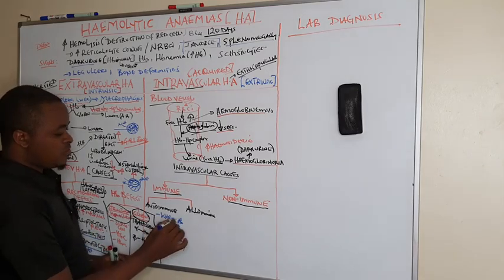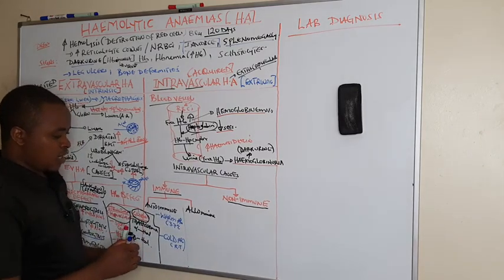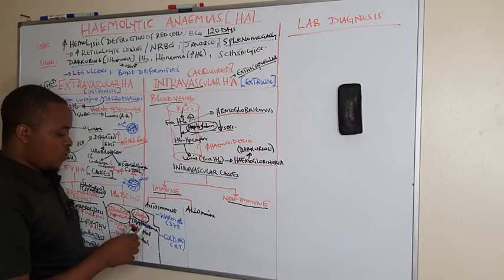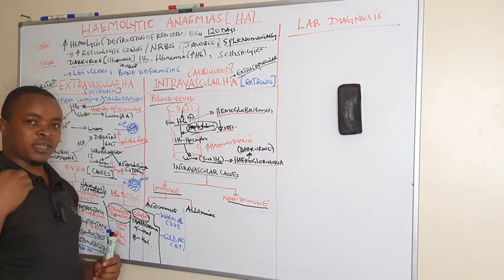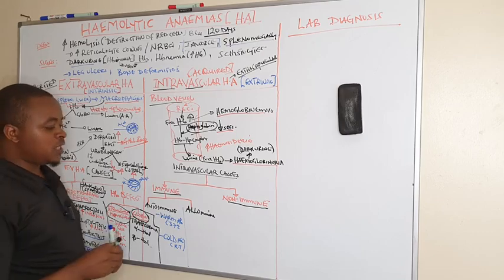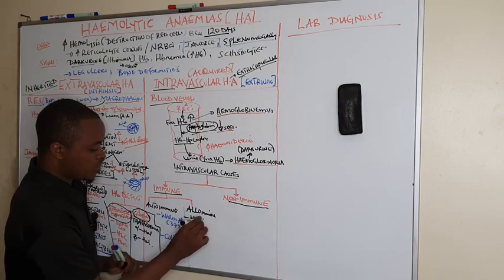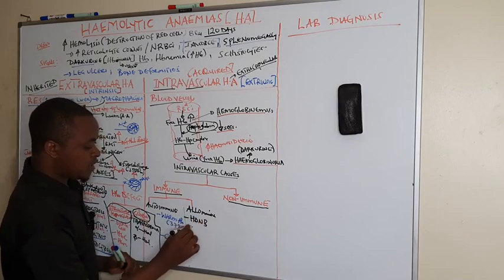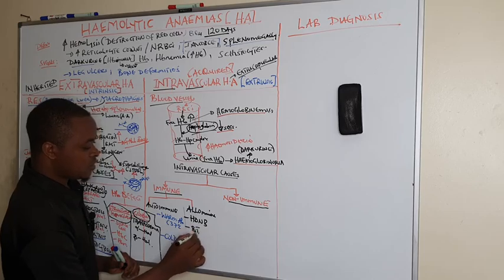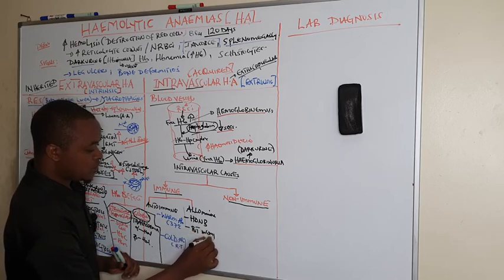Then under autoimmune, we are going to see blood incompatibility, that is due to incompatibilities. For example, in hemolytic disease of the newborn, you can see it in the blood transfusion incompatibilities.